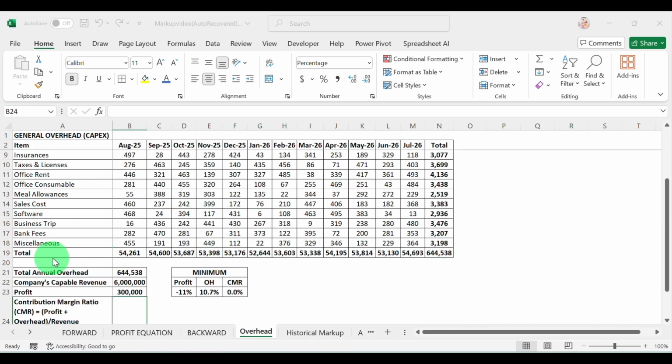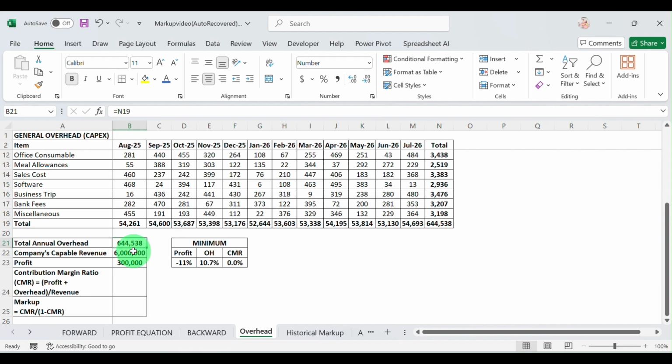So we have the information of general overhead is 644,000 around. We will put here the total overhead 644 around, and every construction company has their own capacity, revenue capacity.